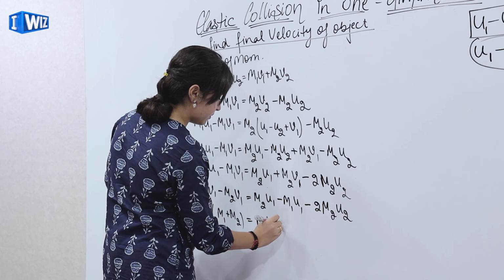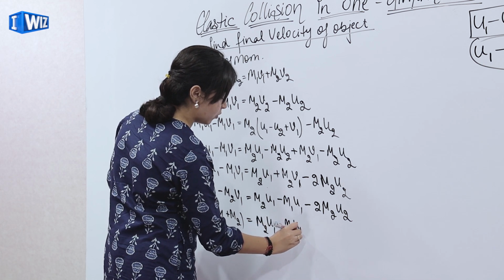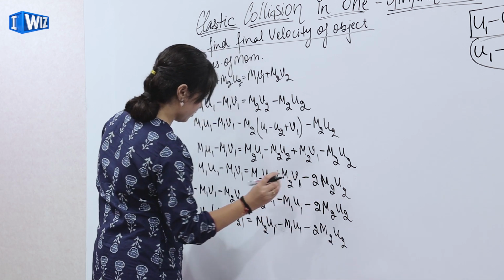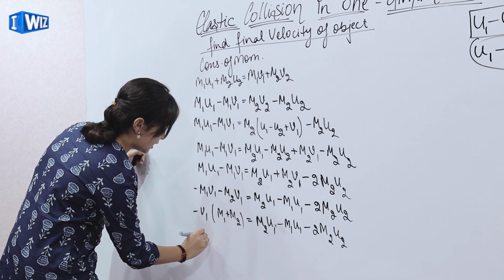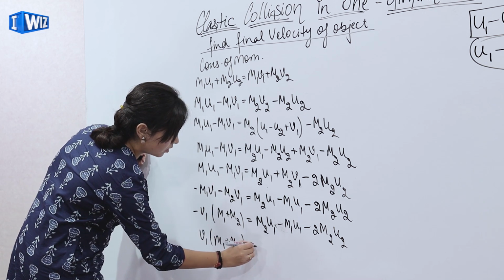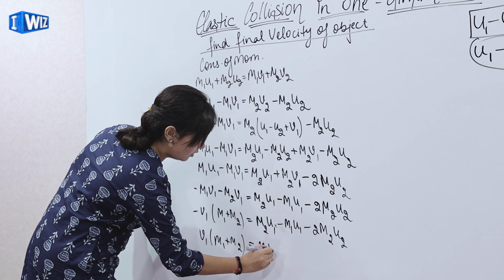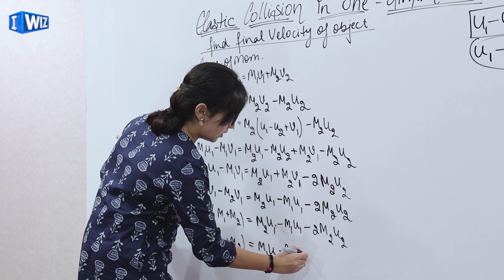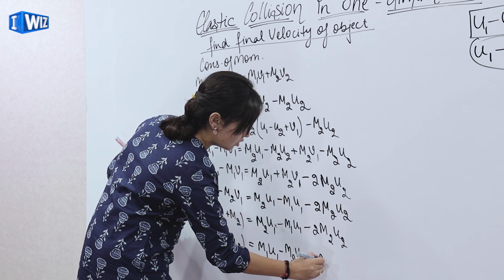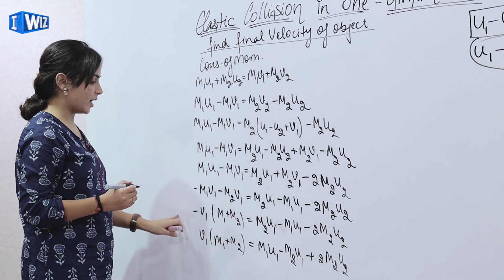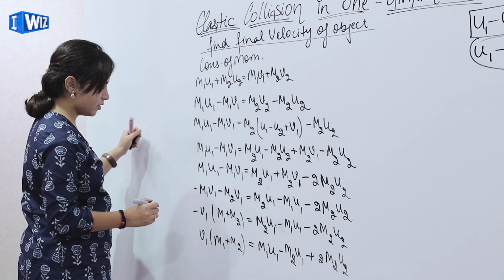minus m1 u1 minus 2 m2 u2, or I can write this as v1 (m1 plus m2) equals m1 u1 minus m2 u1 plus 2 m2 u2. I have just multiplied the whole equation by a negative sign.